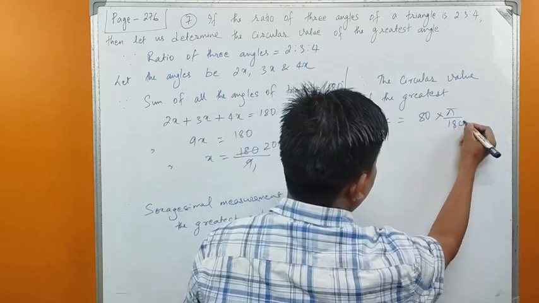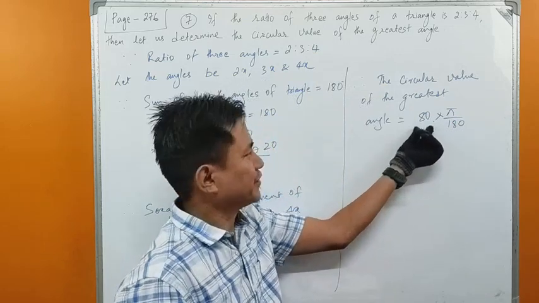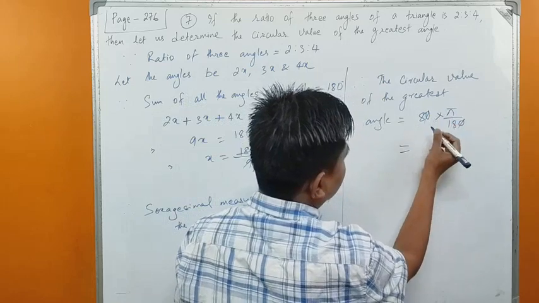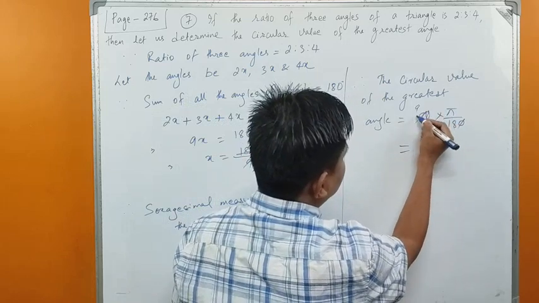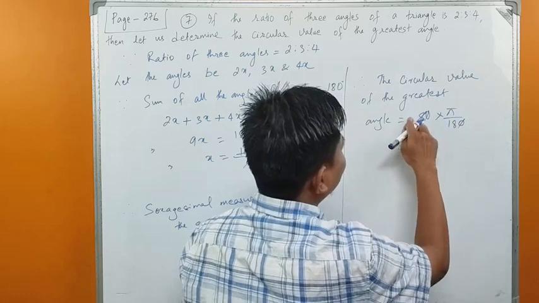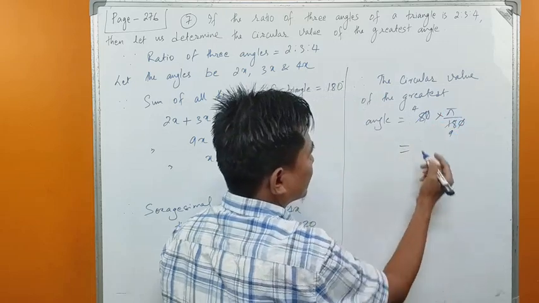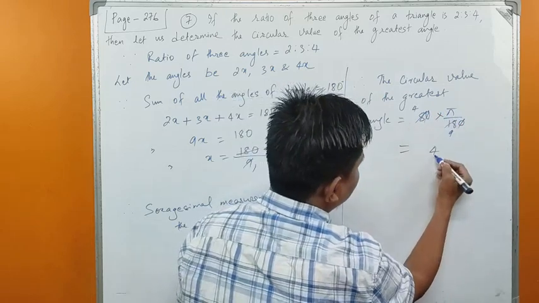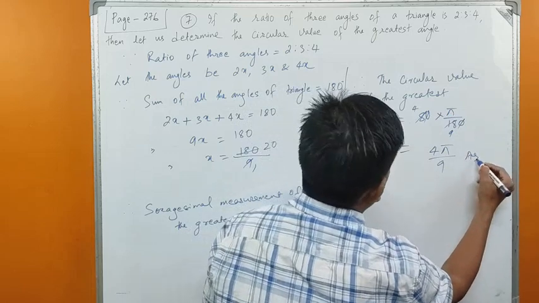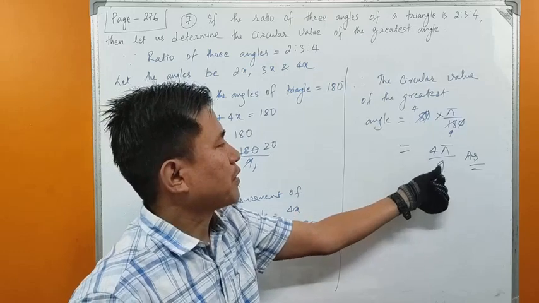When we multiply by pi by 180, we convert sexagesimal to circular value. So this 0 and this 0 cancel out. 2 4 is 8, 2 9 is 18. So 4 into pi, 4 pi upon 9. So this is the answer. The value of the greatest angle in circular value is 4 pi by 9.